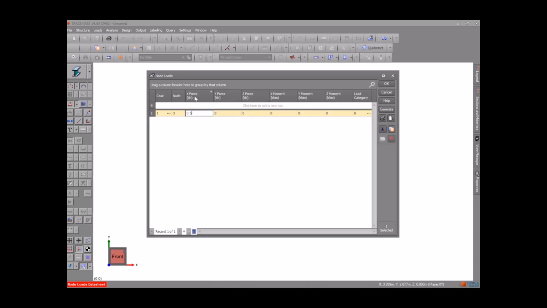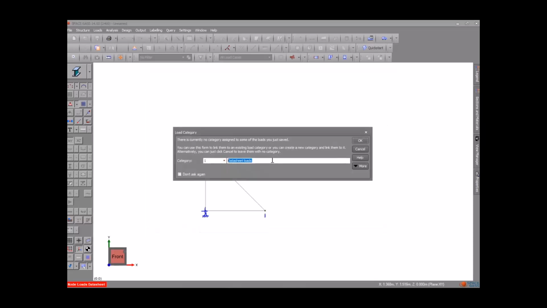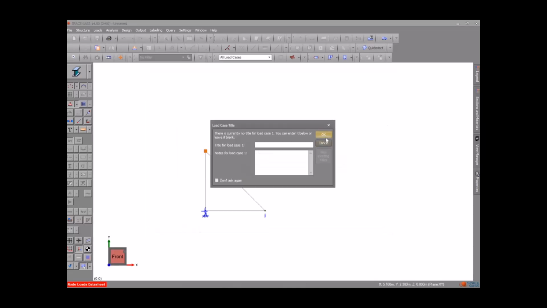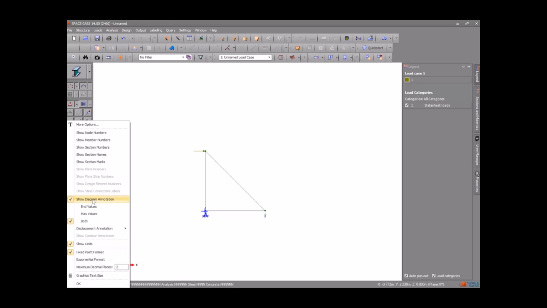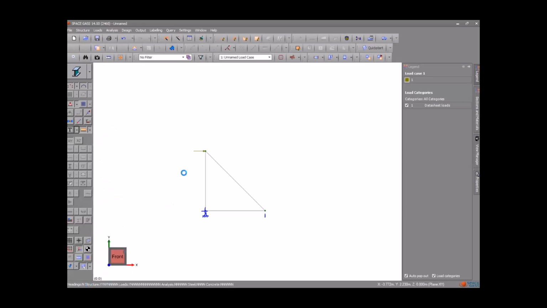Left to right is the X direction. Hit OK and hit OK. You will see it going from left to right, and if you can't see the force, you can go to diagram annotation and hit OK. It shows positive 0.5 kilonewton, which is basically 500 newtons.